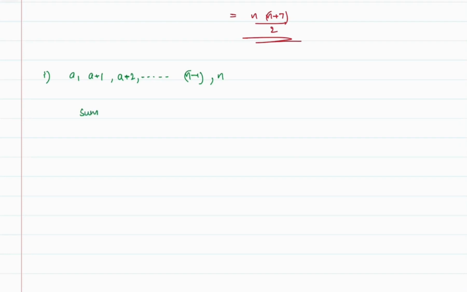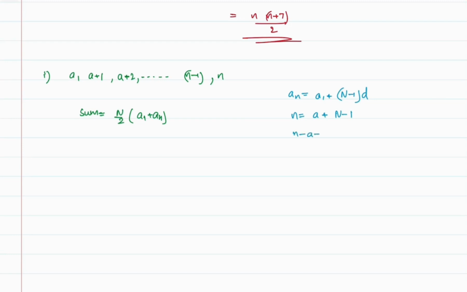In this case, we can use the sum equal to number of terms by 2 into the first term plus the last term. So first we need to find the number of terms. To find the number of terms, we can use a_n equal to a1 plus n minus 1 into d. When we solve this, we'll have n equal to a plus capital N minus 1, since d equal to 1.